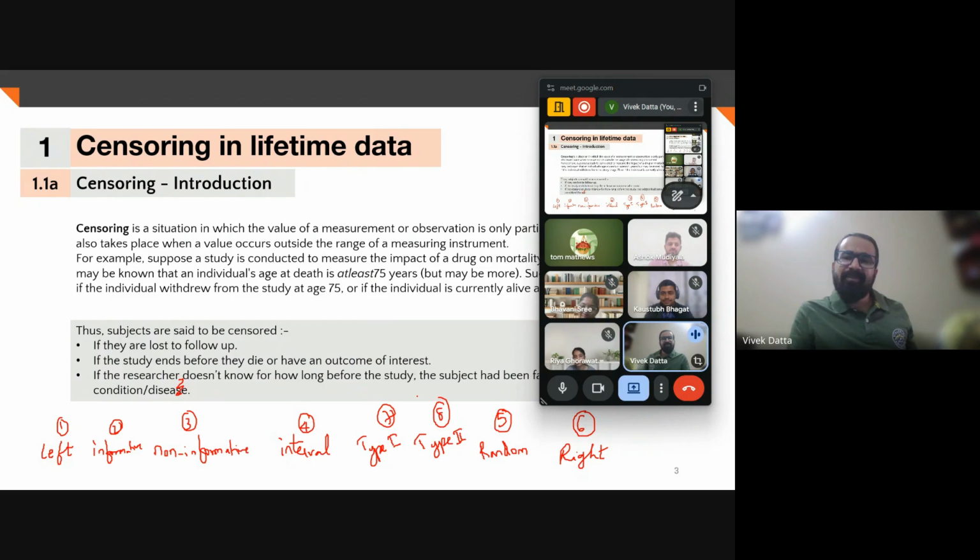You wake me up from my sleep 10 days later or 100 days later, you ask me what it is, I'll tell you all 8 of them. Mind map. Yes. So left, right, interval, informative, non-informative, type 1, type 2, and random. These are your 8 types of censoring.